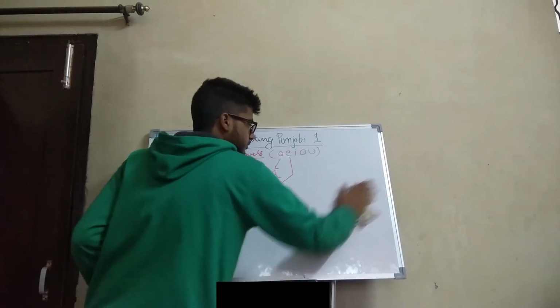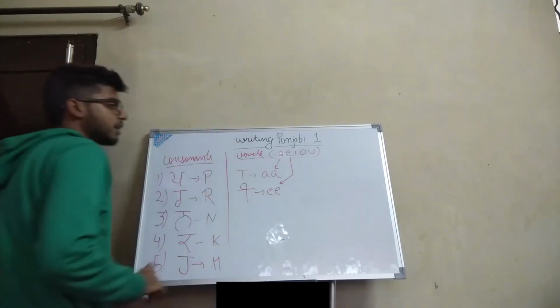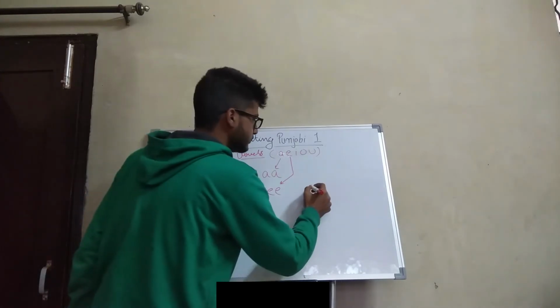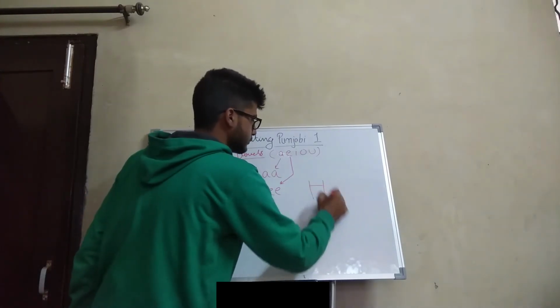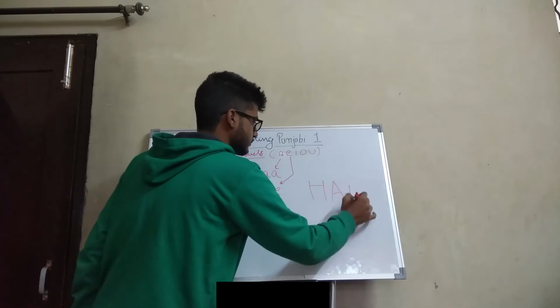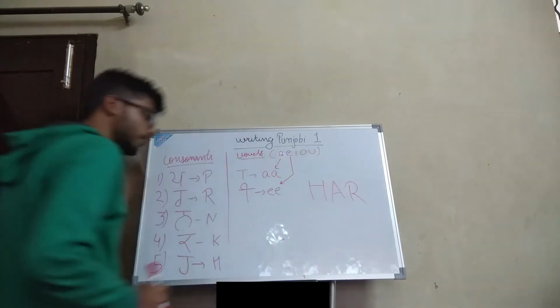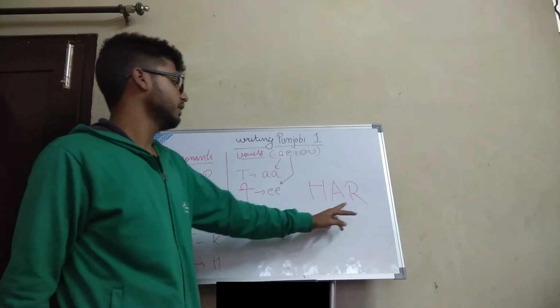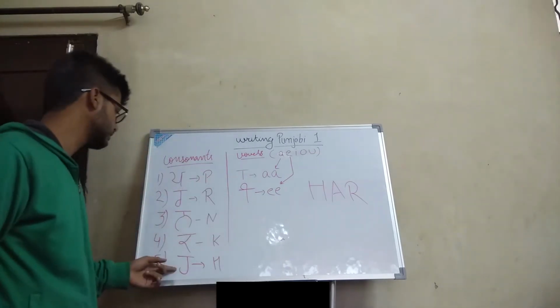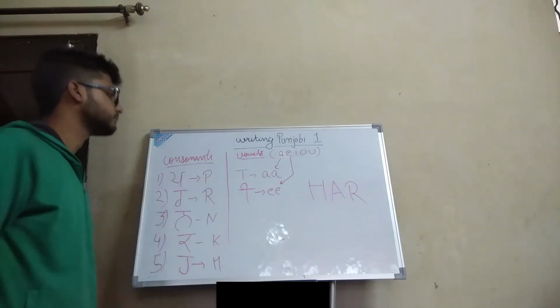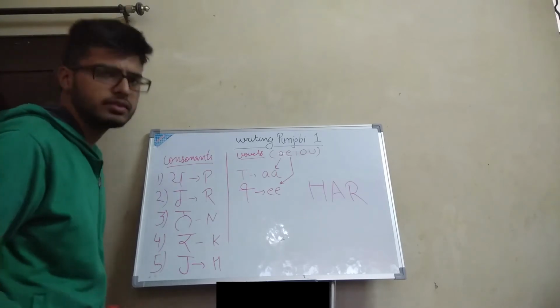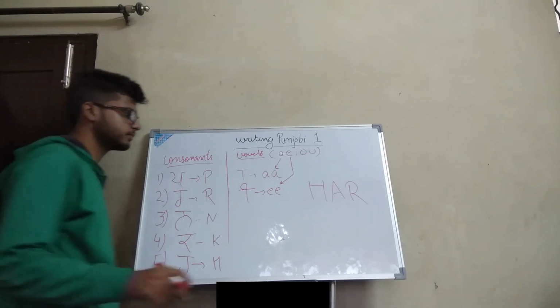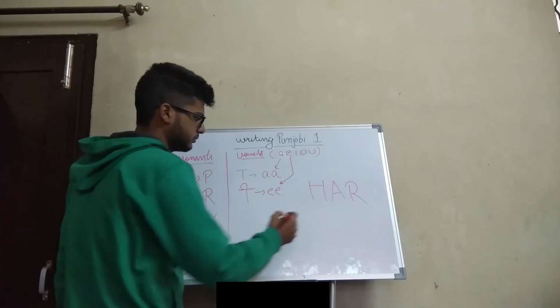So let's write the word har. We need H, A, R. So this is H, this is R, this is A. Har means to lose in Punjabi. Harna.